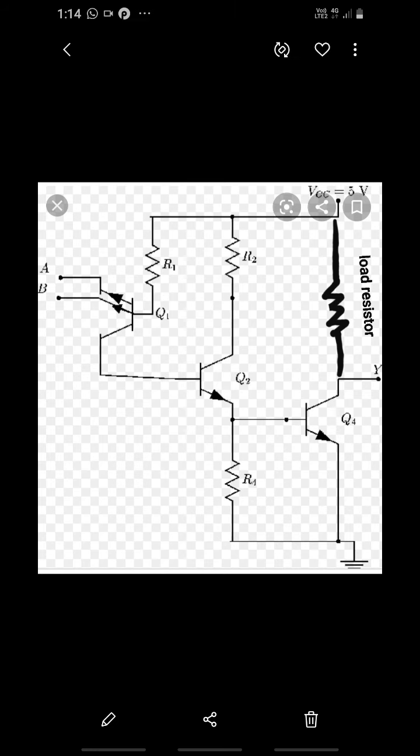and now it contains two different operations: A is equal to 0 or B is equal to 0 or both A is equal to B is equal to 0. Whenever both the inputs are low or either A or B is low, the base to emitter junction of Q1 is forward biased and the base to collector junction is reverse biased.